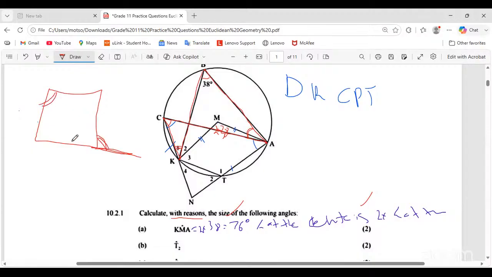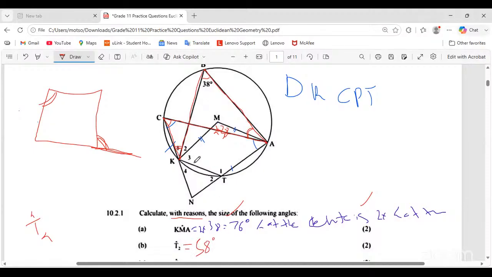Reason being, an exterior angle of a cyclic quad is equal to the interior opposite angle. So write angle T2 with a hat to show that this is an angle. If you write it with only T2, that is incorrect. You have to write it as angle T2 is equal to 38 degrees.